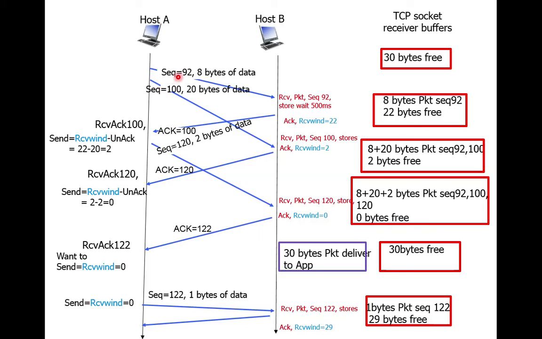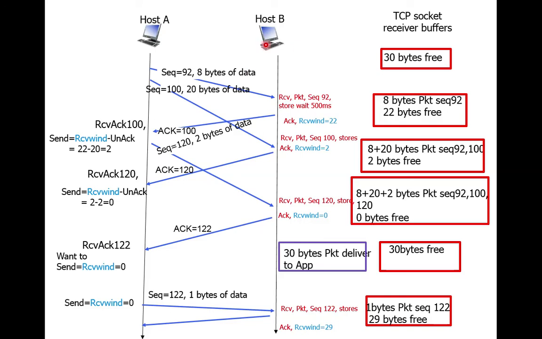You can see a packet with sequence number 92 and it is 8 bytes, and the next packet with sequence number 100, it is 20 bytes. You can see that 8 plus 20 is 28 bytes. It is less than the receiver buffer space, so it will be accommodated in the receiver buffer.